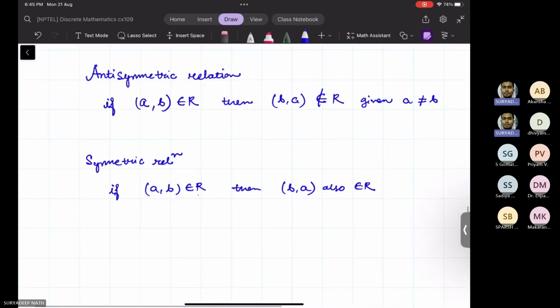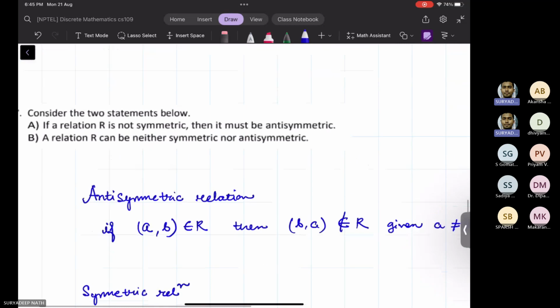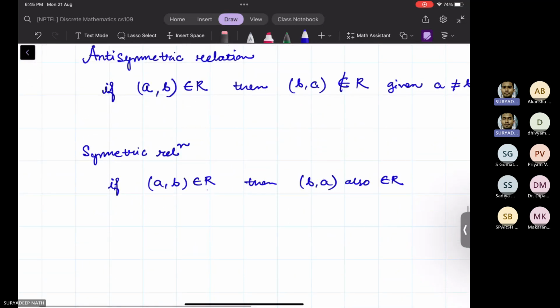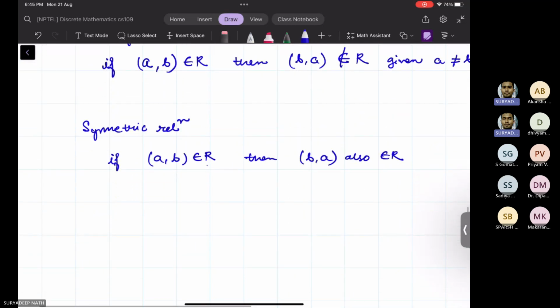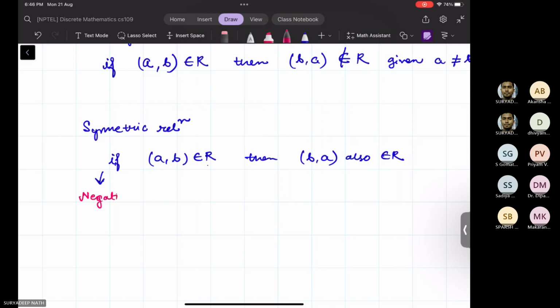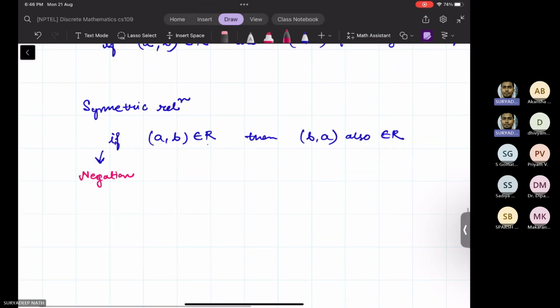But if it is not symmetric, what is the negation of this statement? Let me write the negation.